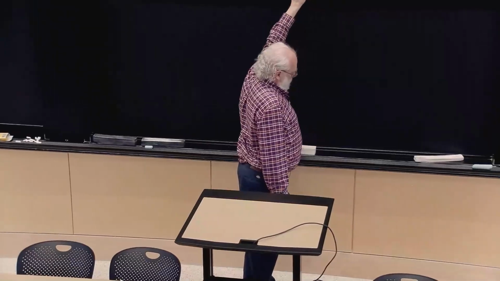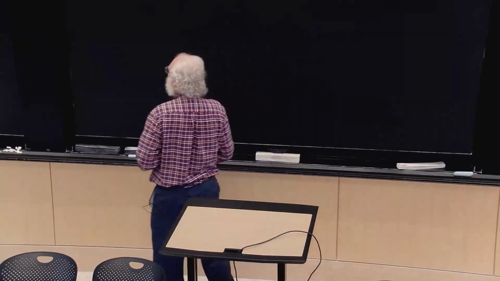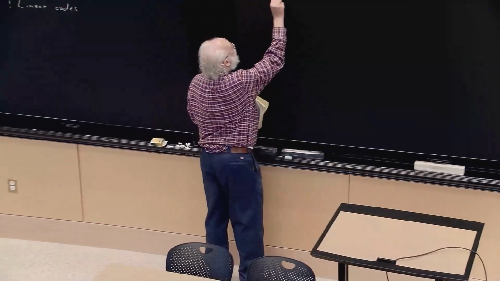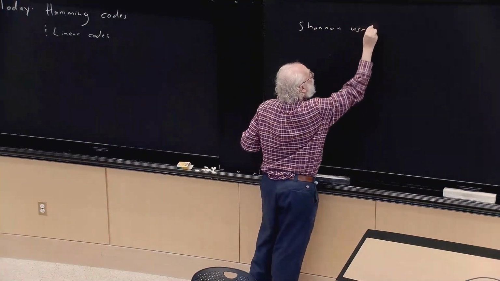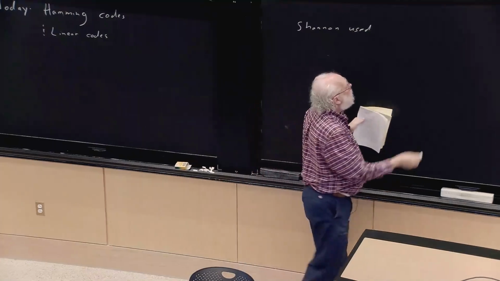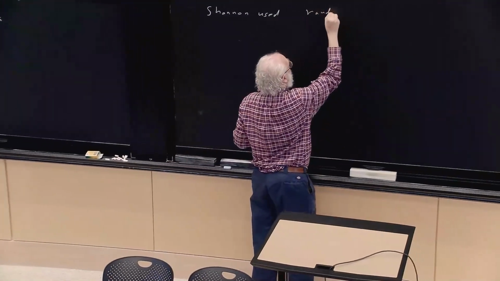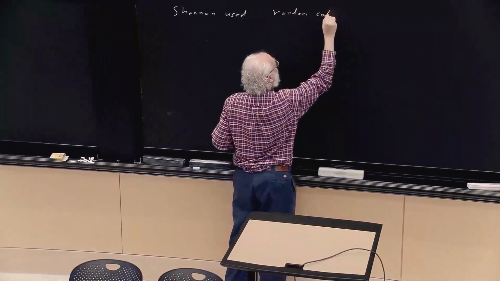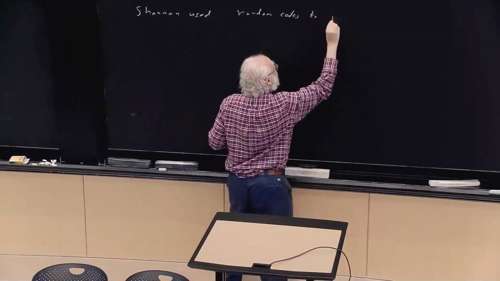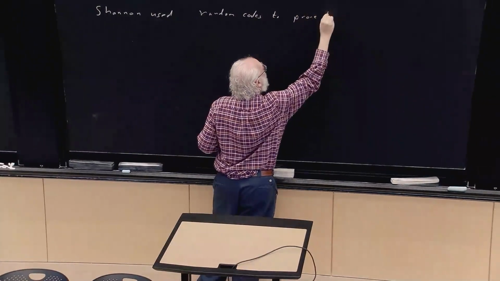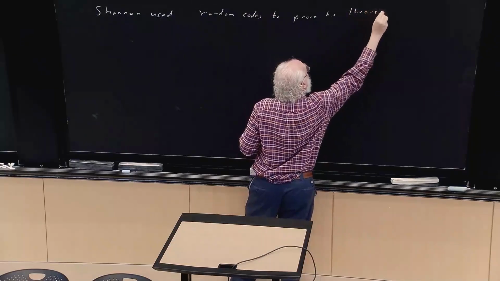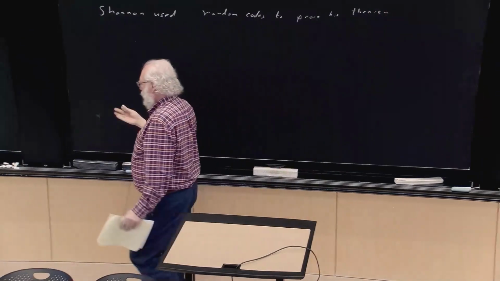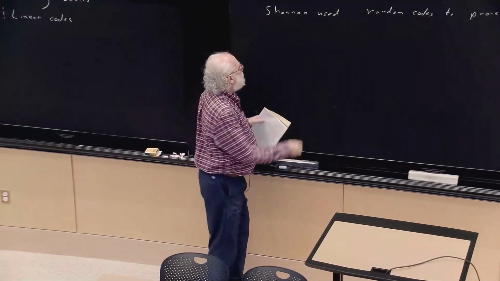And Shannon used random codes to prove his theorem. And these are totally impractical for large n.